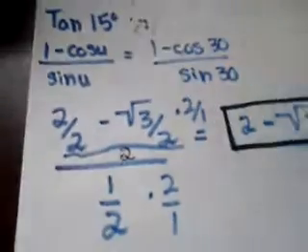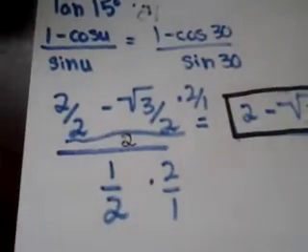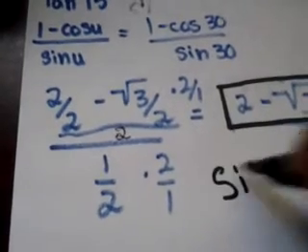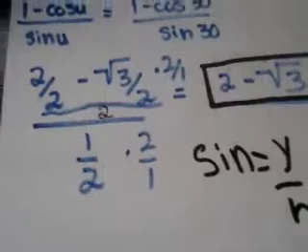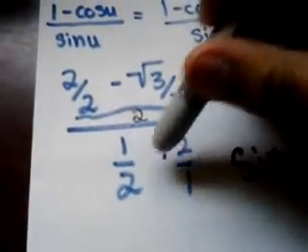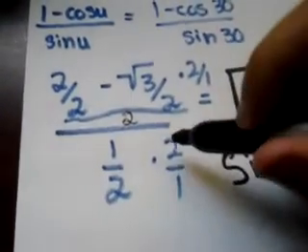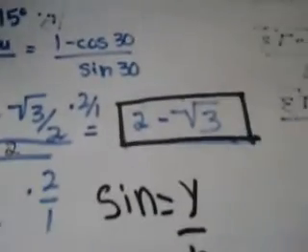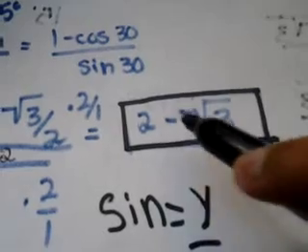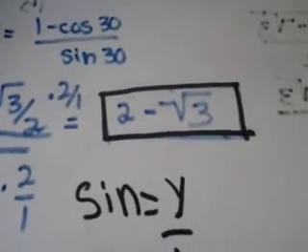Except sine of u will be 1/2 because sine is y over h. So from there we'll just cross cancel 2 over 1, and then our final answer should be 2 minus radical 3.